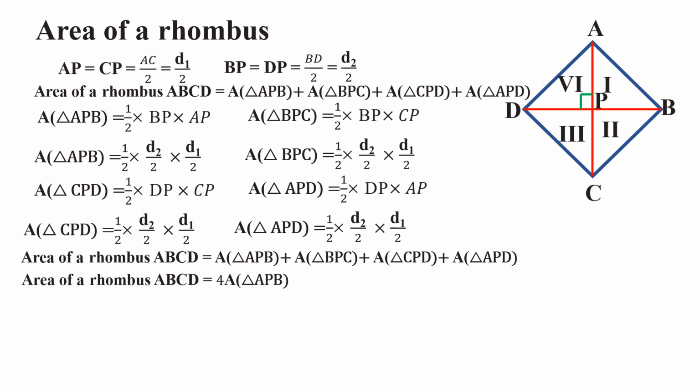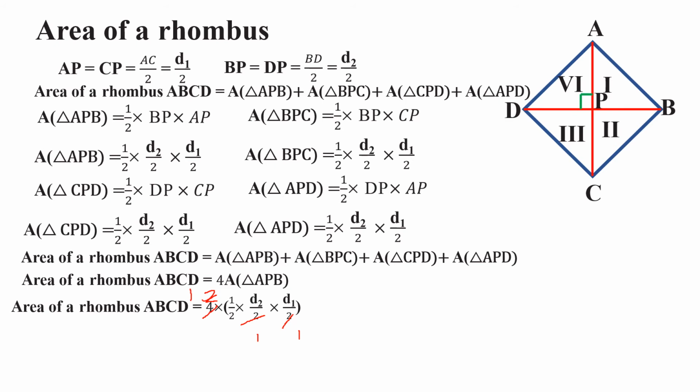Now area of triangle APB means, write down the left hand side: area of rhombus ABCD is equal to 4 into 1 upon 2 into d2 upon 2 into d1 upon 2. Here 2 ones are 2, 2 twos are 4, 2 ones are 2, 2 ones are 2.